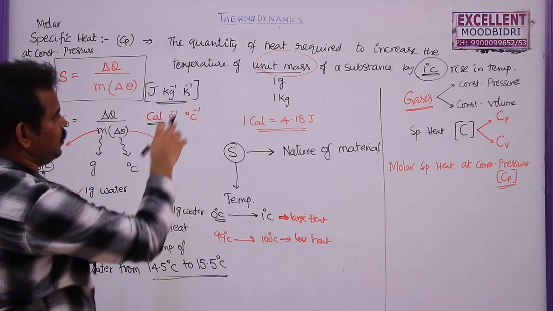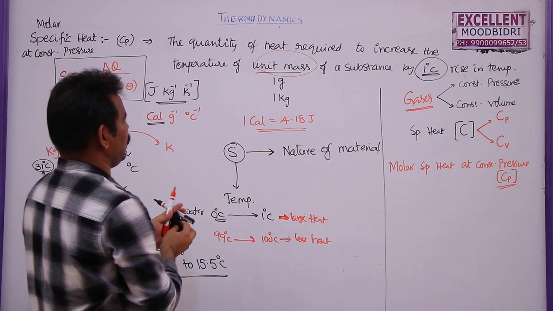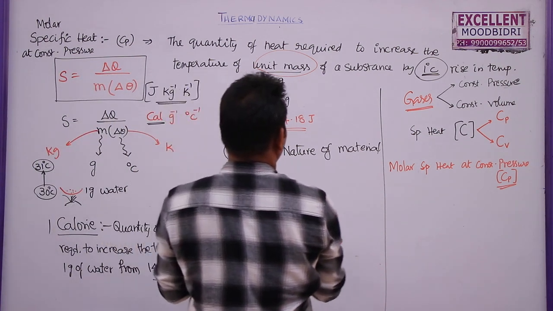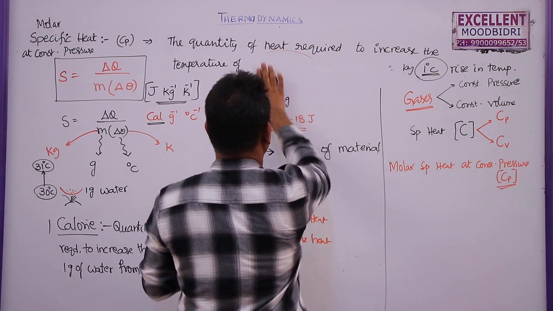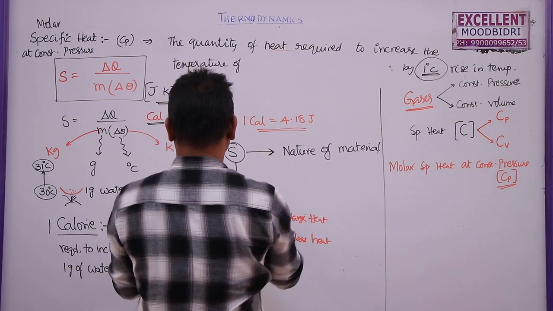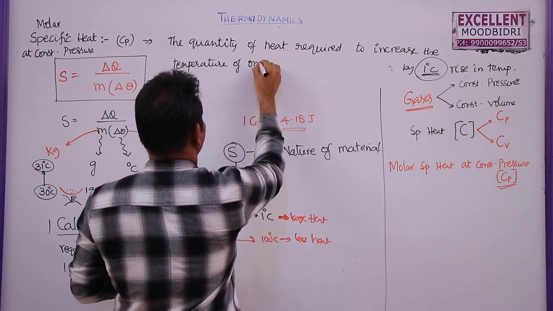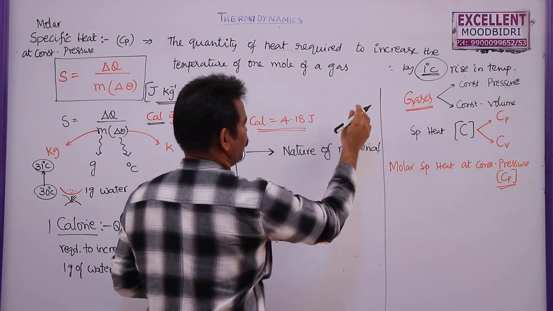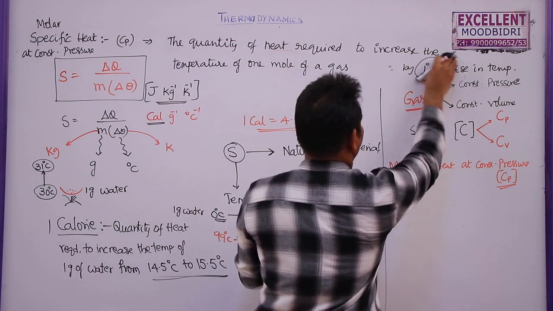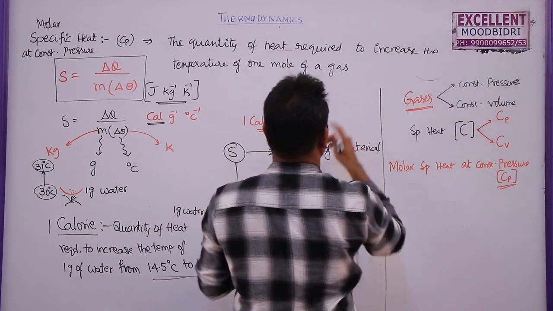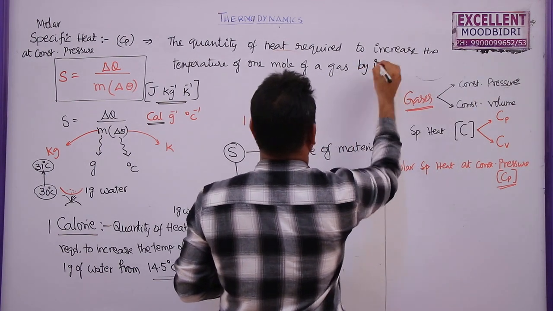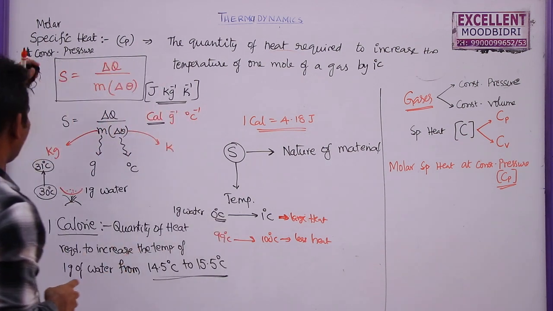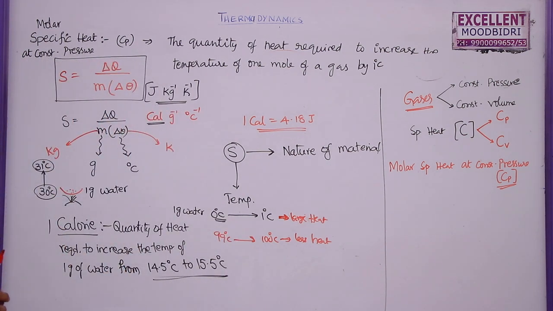It is the quantity of heat required to increase the temperature of 1 mole of a gas, instead of 1 unit of mass, by 1 degree centigrade. This is called molar specific heat at constant pressure.